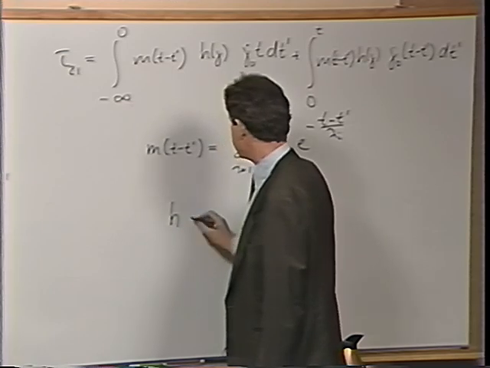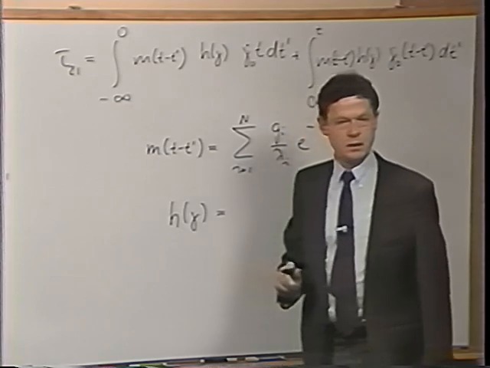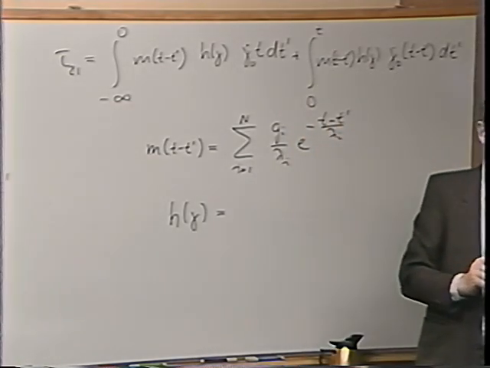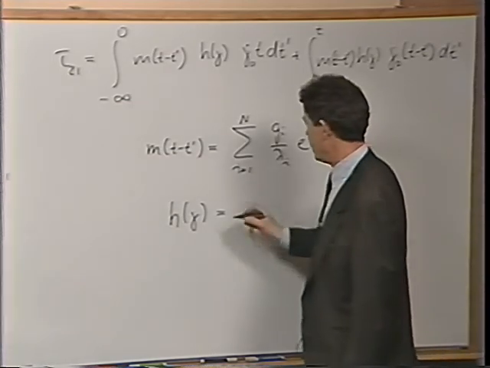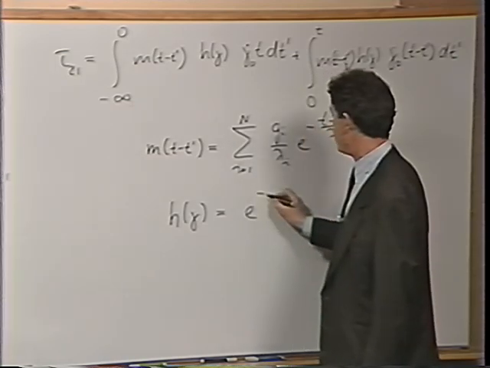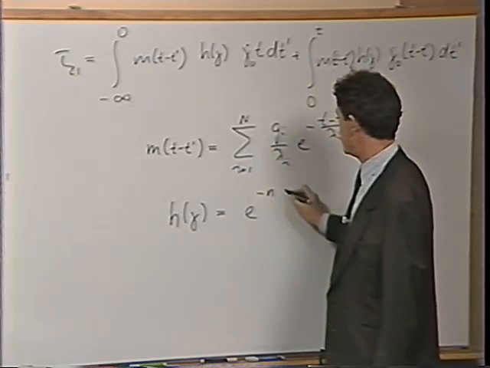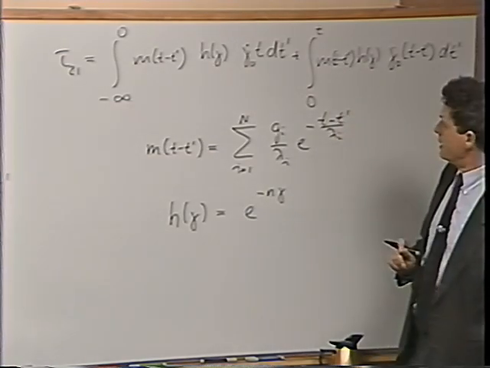And the second thing we introduce really is an assumption. We will use Wagner's strain function because that's easy to formulate. We will use h of gamma equal to an exponential function of minus n times the total strain, which is introduced in here.